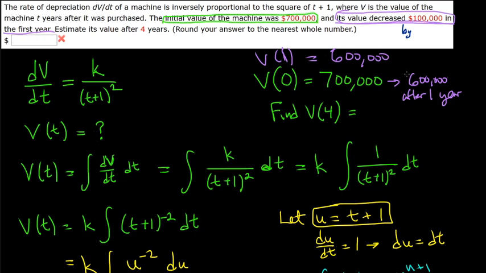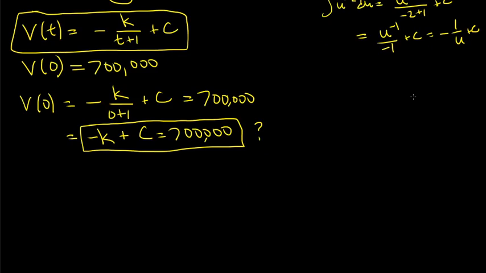So if it decreased $100,000, its new value is $100,000 less than the original amount, which is 700,000. So 700,000 minus 100,000 is 600,000. If it said it decreased to $100,000, then v of 1 would be 100,000. But that's not how I interpret that. So I think this is correct. v of 1 is 600,000. So yeah, we have to use that as well. After 1 year we have 600,000.